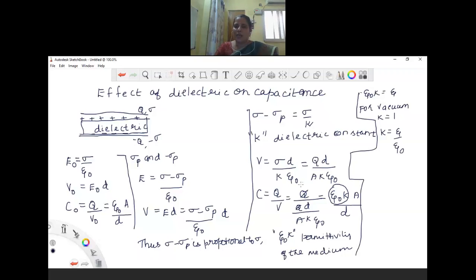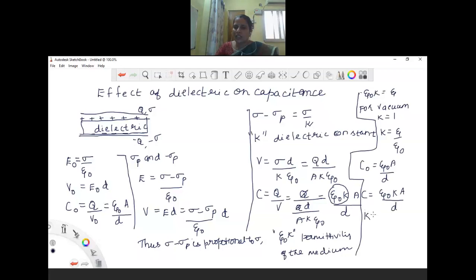And from comparing two equations, that is C naught is equal to epsilon naught A by D, and C is equal to epsilon naught K A by D. Compare these two equations. What will you get for the dielectric constant?